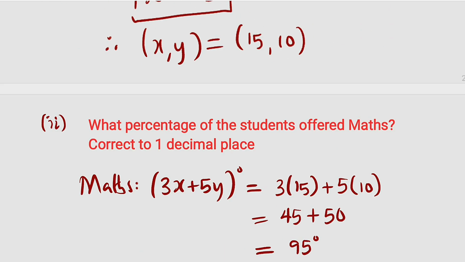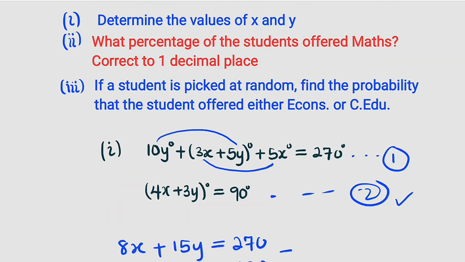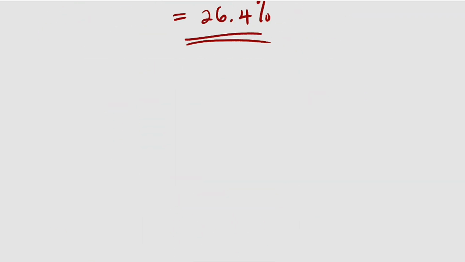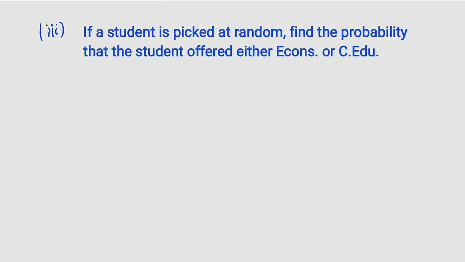Now question number 3, which is the last one. If a student is picked at random, we are asked to find the probability that the student offered either economics or civic education. First of all, we want to find the number of students that offered economics and those that offered civic education. Let me start with economics.